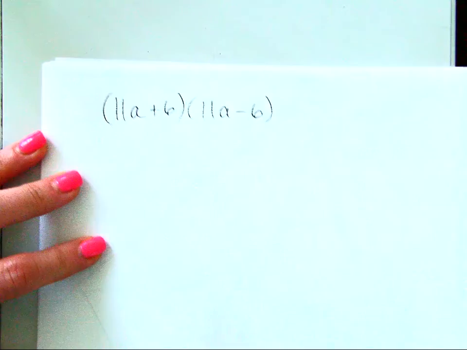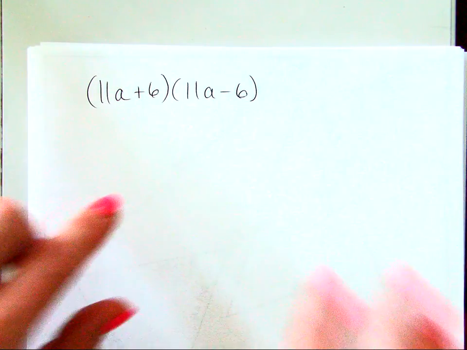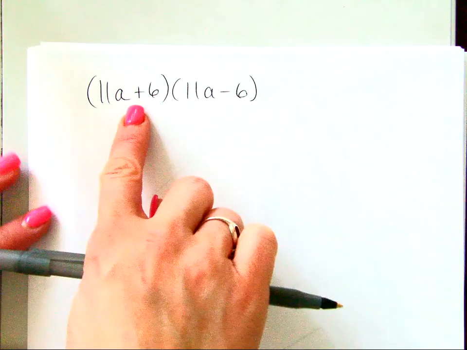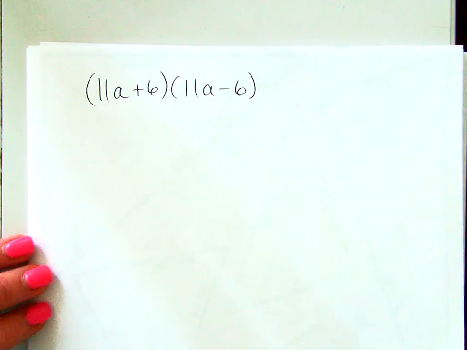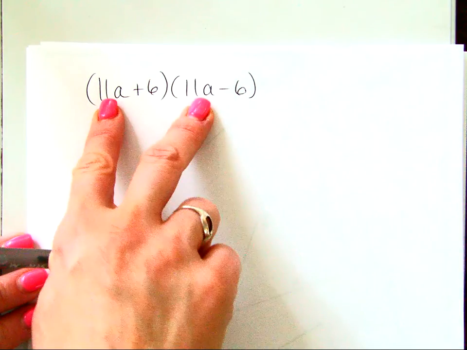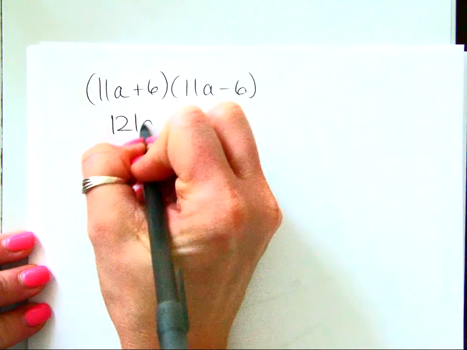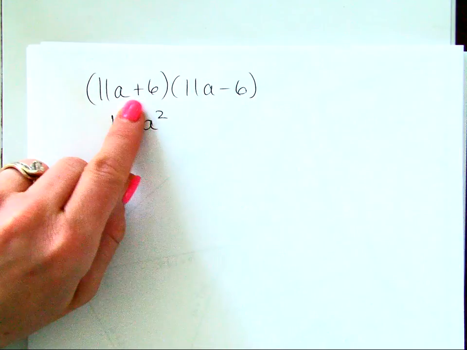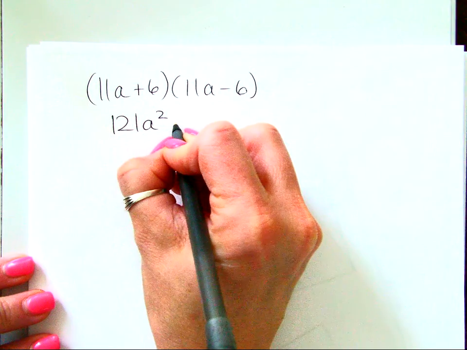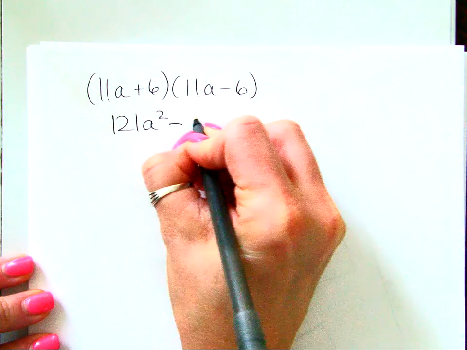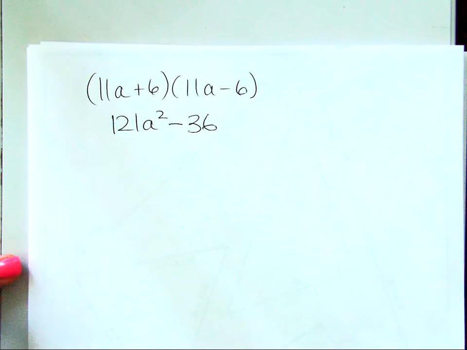You know that middle term is going to cancel because they're almost identical. One's positive, one's negative. So what is this answer going to be? 11a times 11a is? And a negative 6 times a positive 6 is a negative 36. Got it? Okay.